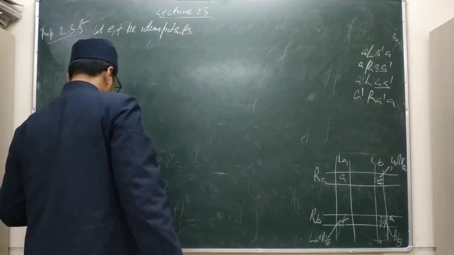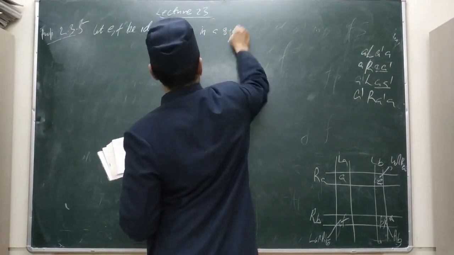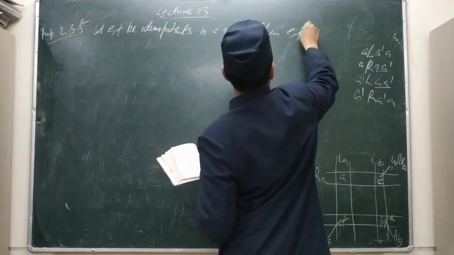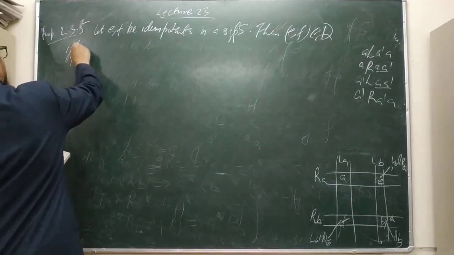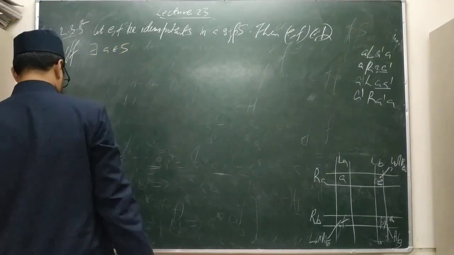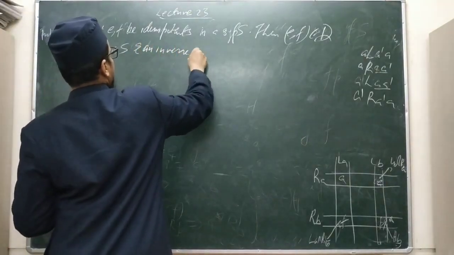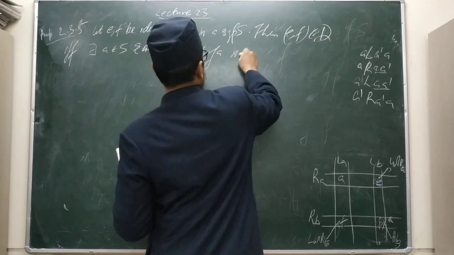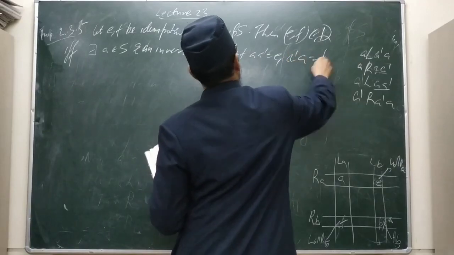Let E and F be idempotents in a semigroup S. Then E D F if and only if there exists A belonging to S and an inverse A dash of A such that A A dash is equal to E and A dash A is equal to F.